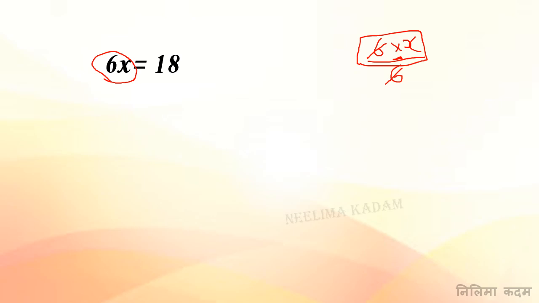So here, this variable is multiplied by 6. When multiplication is there, you have to do which operation? Division, to get rid of that number. Okay, so what we have to do, on both sides we have to divide by 6.